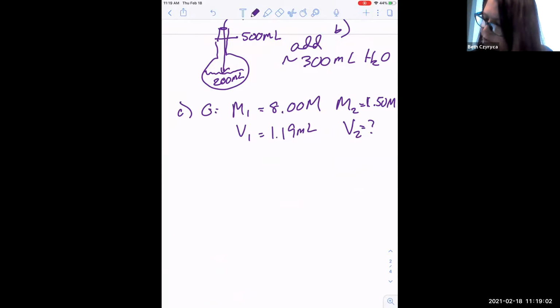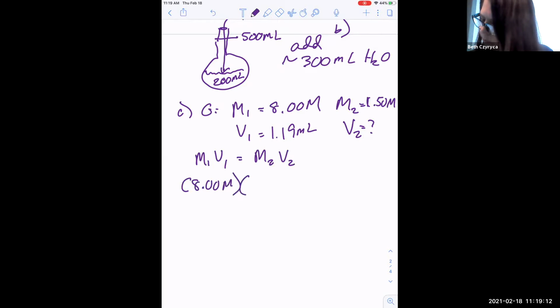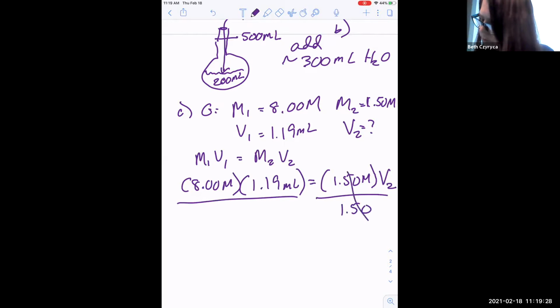So we're taking a little bit of the strong stock solution. All right, do some algebra. Eight times 1.19 divided by 1.50.